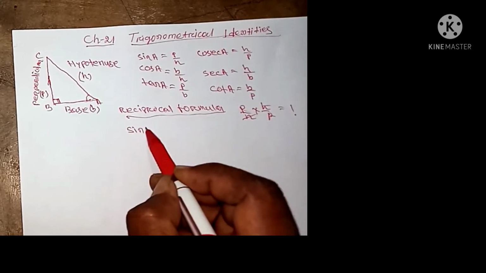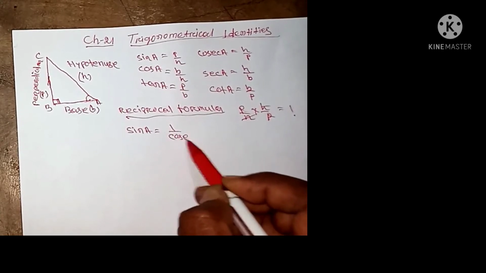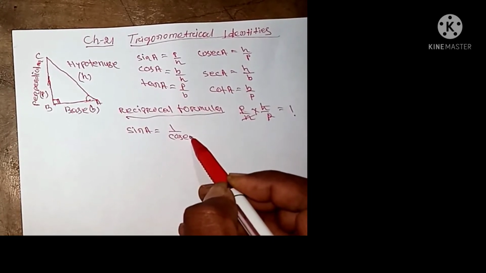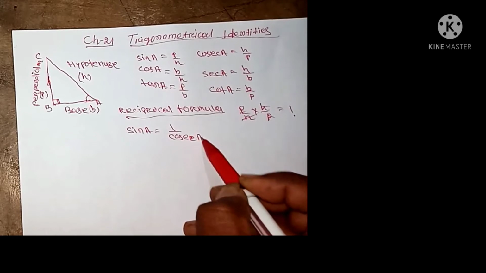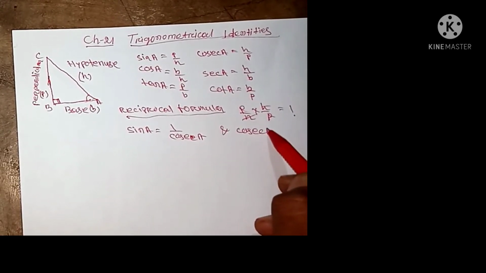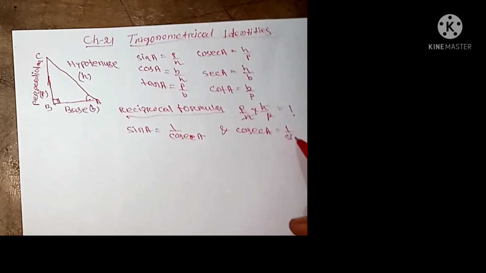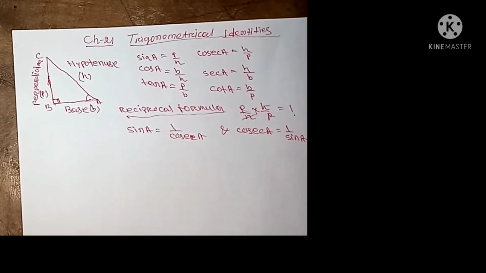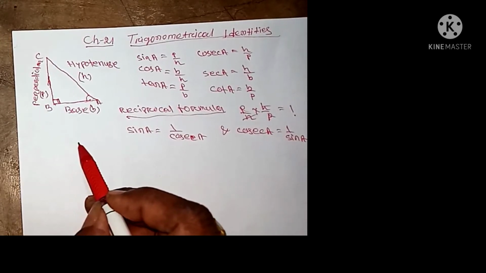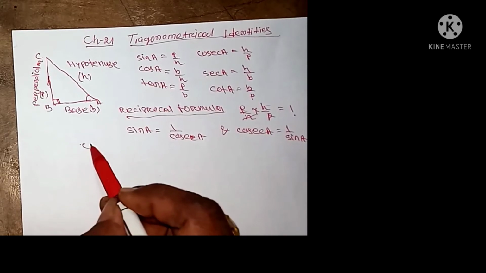So sin A is equal to 1 by cosec A, and cosec A is equal to 1 by sin A. Like this, cos and sec are reciprocal of each other.